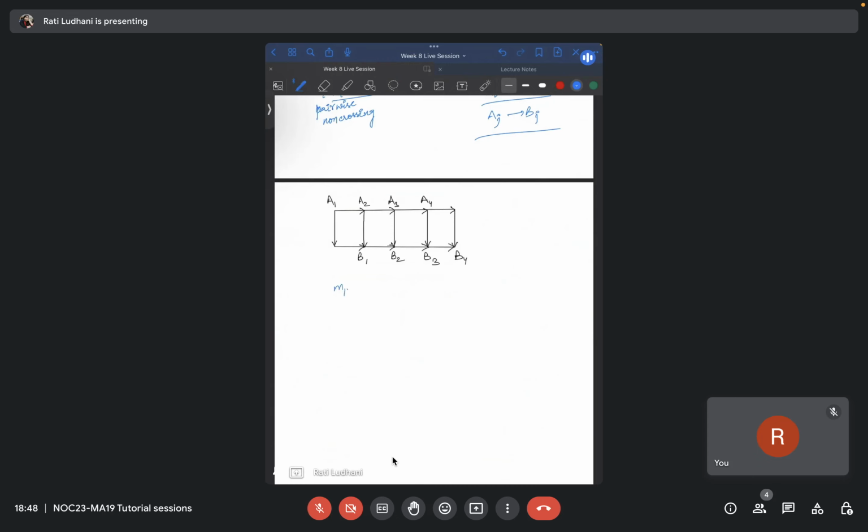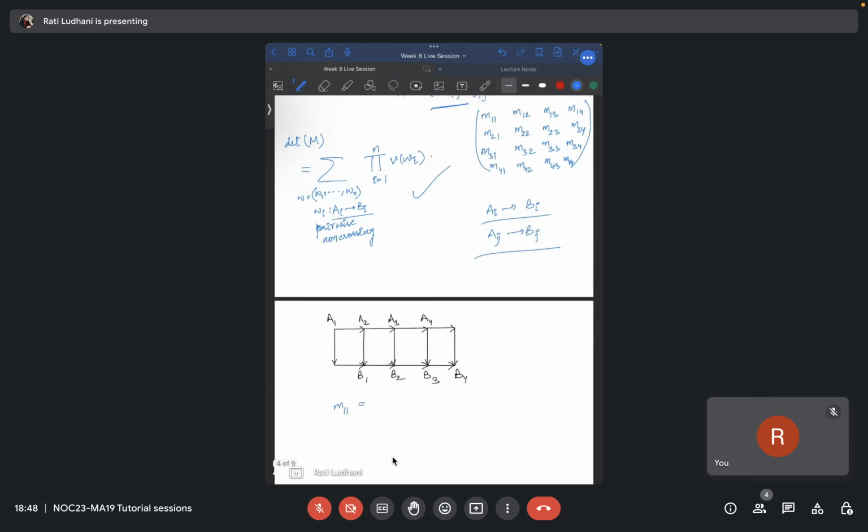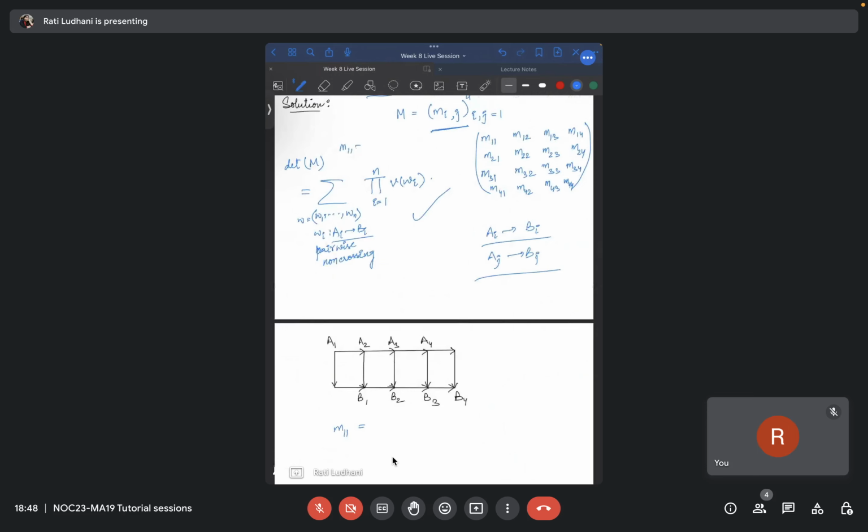So what is M11? The matrix entries you need. You need to find out all the paths. The requirement is that M11 should be the summation of paths, right?